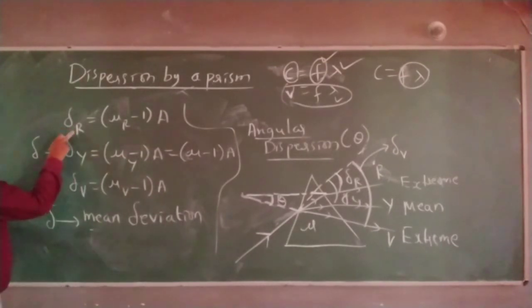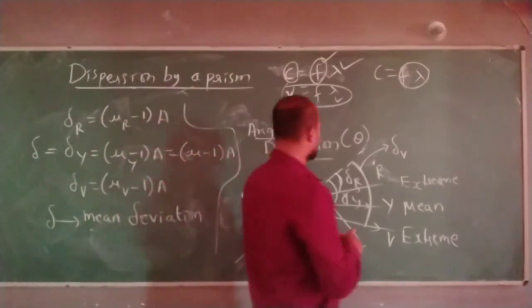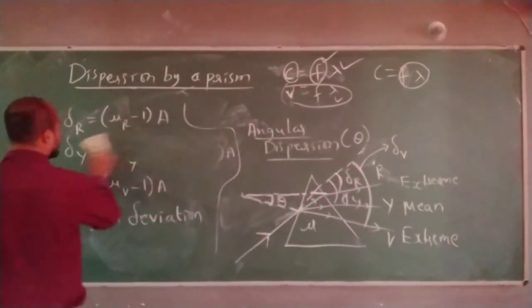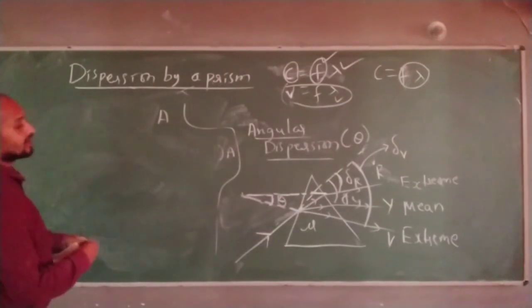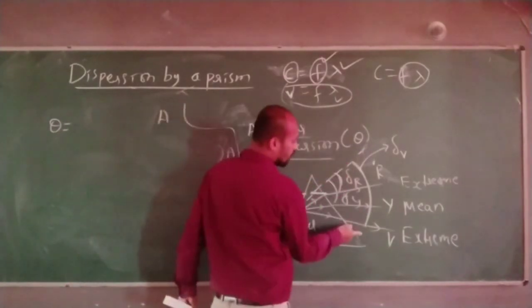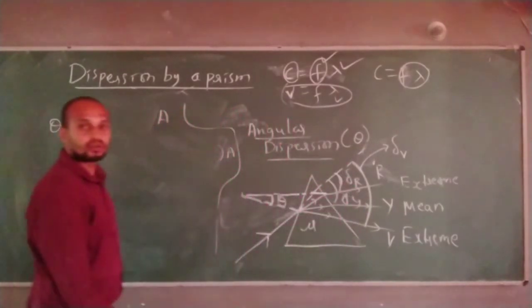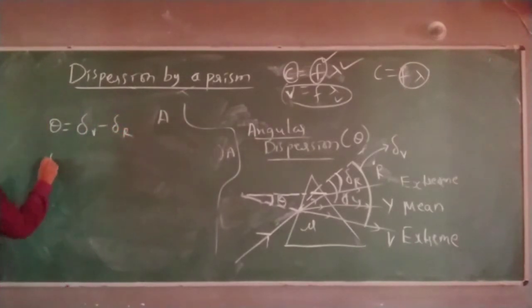So this is the deviation, the extreme deviation I call. I told you, correct now? So I can write theta is equal to dou v minus dou r. So dou v minus dou r is angular dispersion. You can find it in other ways also.